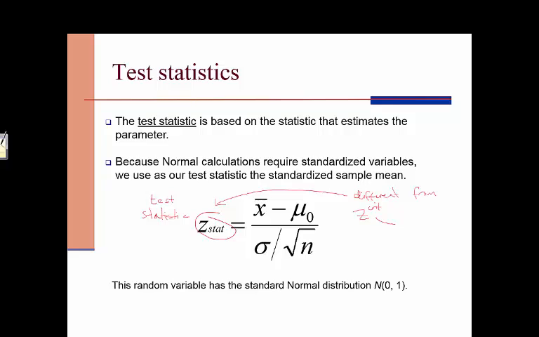Okay, Z critical you get from the confidence level. Okay, Z statistic you get from the data, and Z critical you get from the confidence level. Right? From the confidence level you get alpha, and that alpha is what's used in computing Z critical.